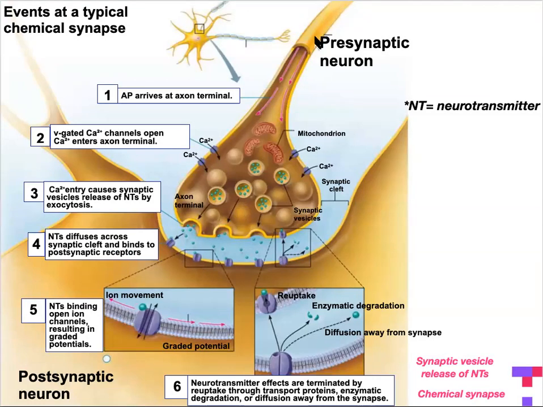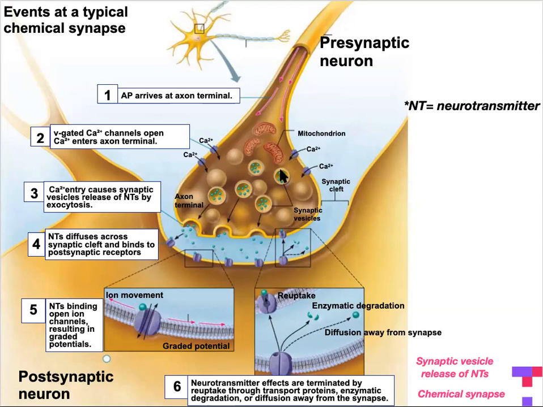So last lecture, we talked about how action potentials are generated and propagated down the length of the axon. When this action potential reaches the axon terminal, that depolarization of the axon terminal causes voltage-gated calcium channels in the axon terminal to open. And the opening of those voltage-gated calcium channels leads to an influx of calcium.